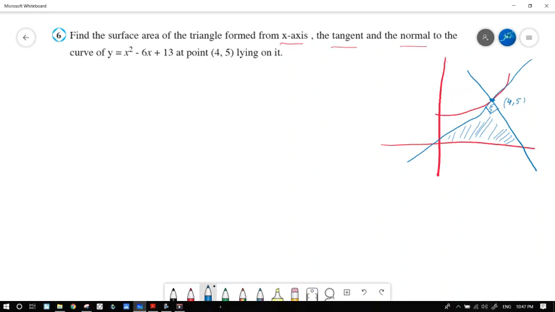Okay, let's start. First of all, to find the area of this triangle, as we know, the area of a triangle is half times base times height.